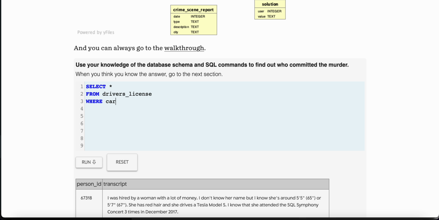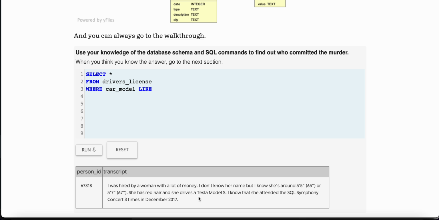Where car model, we have to use a wildcard again because there are so many Tesla models. I remember when I first did it, I did Tesla model and there were so many. I was like, let me just use the model that is given.